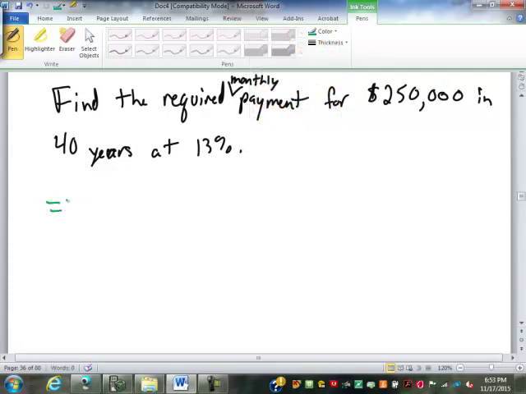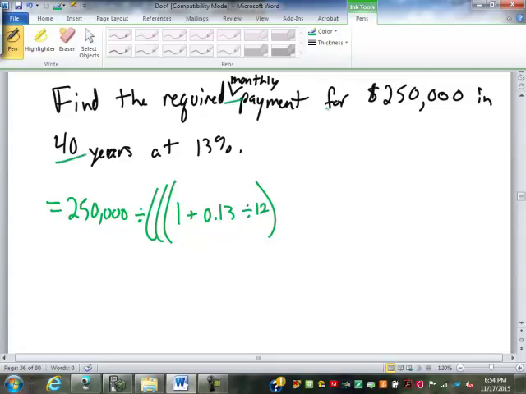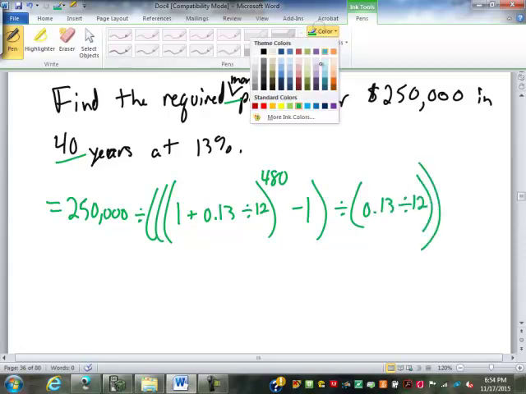So that payment's going to be the $250,000 divided by (1 plus 0.13 divided by 12, close. Now 40 years monthly, 40 times 12 is 480 periods, minus 1, close) divided by (0.13 divided by 12), close and close.